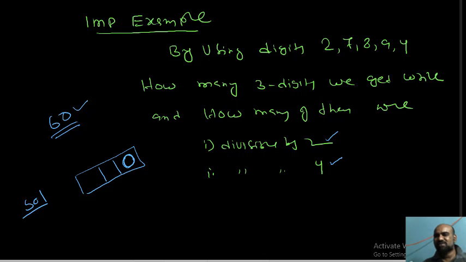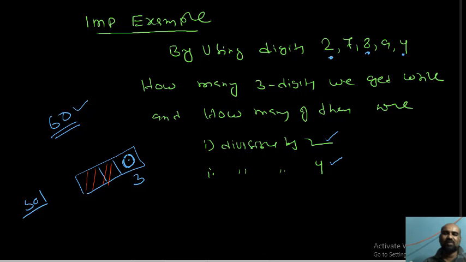How many even numbers are there? 1, 2, 3. There are 3 even numbers. This blank can be filled in only 3 ways.